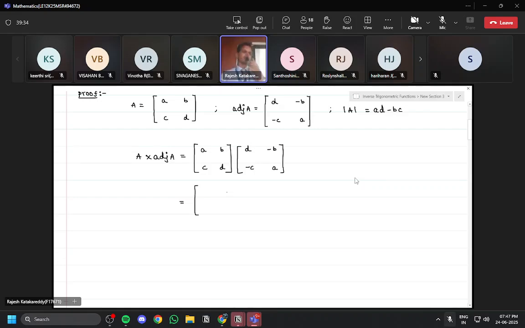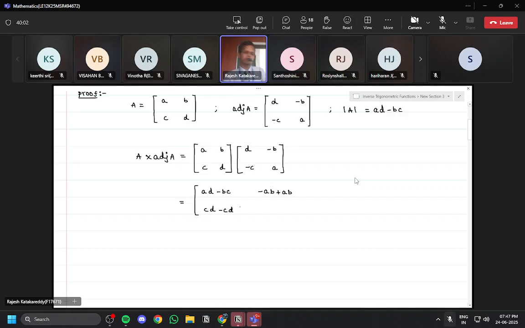Row 1 dot column 1 is AD minus BC. Row 1 dot column 2 is minus AB plus AB. Row 2 dot column 1 is, sorry, not AD, this is CD minus CD.